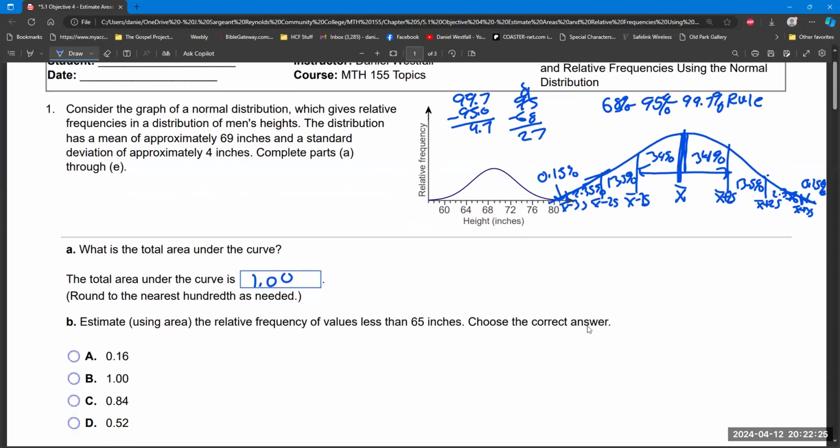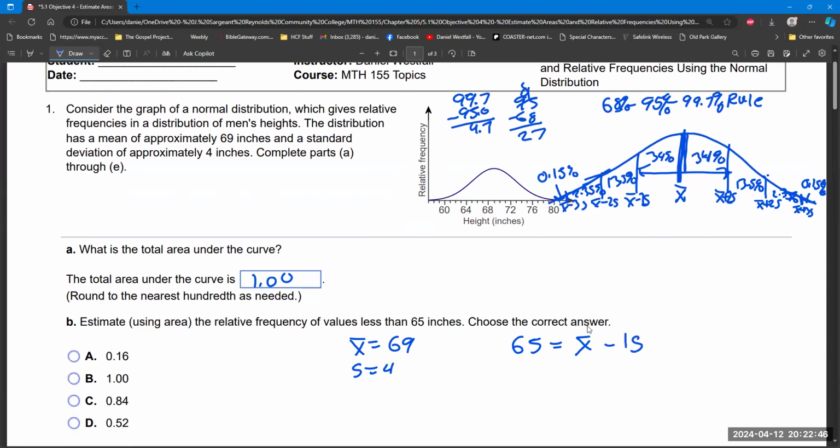And in this case, they tell us that 69% is our mean, and our standard deviation is 4. And so I can write 65 as X bar minus 1s.